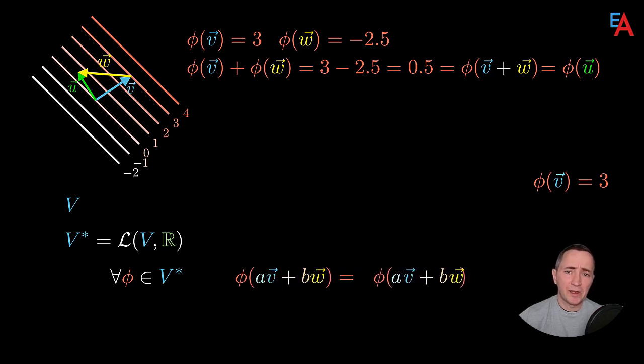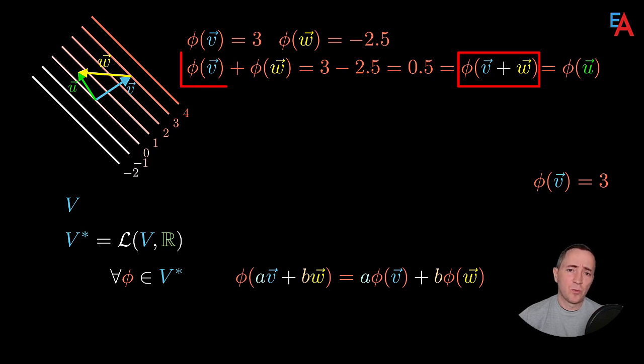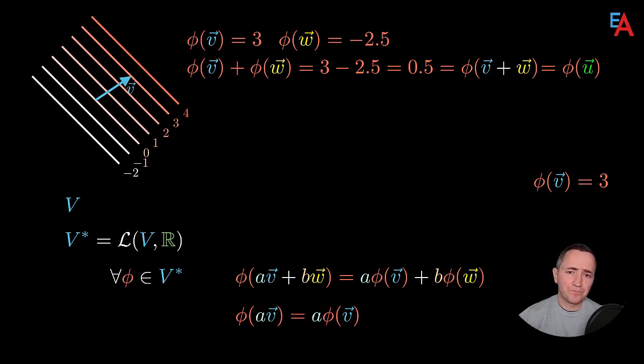It will be a times phi of v plus b times phi of w. However, of course, this condition can be broken down into the condition that the value of the form on the sum of vectors is to be the sum of values of phi on each vector separately. And the value of the one form on the a times v, it should be a times phi of v.